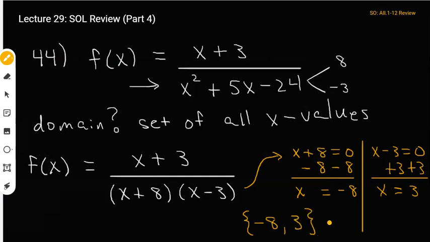Those are the two numbers that x cannot be. Because what if x really was 3? Then I would get 3 minus 3 right here, and I'd be dividing by 0, and that's not good. So x cannot be 3, x cannot be negative 8. So the domain is going to be all real numbers except for these two. All real numbers except negative 8 and 3.